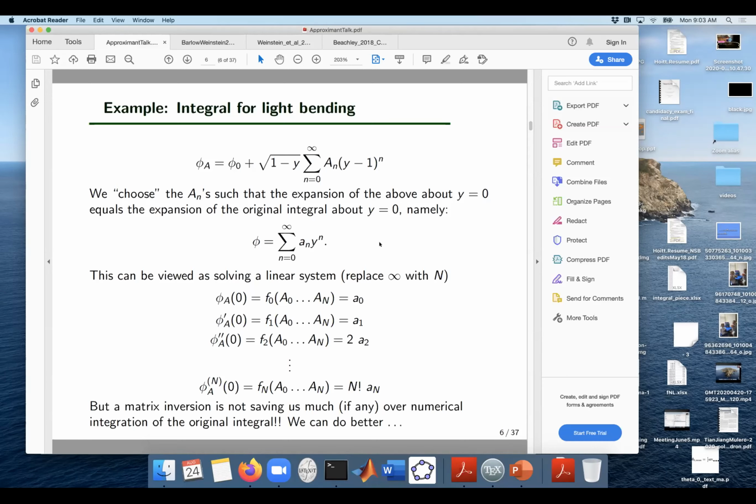But one other thing to note about the assumed form, which is at the top of the screen, the approximate form, is that if you do the higher order asymptotics, the higher order terms are going as 1 minus y to the 1/2, 3/2, 5/2, 7/2, which this form is automatically extracting.